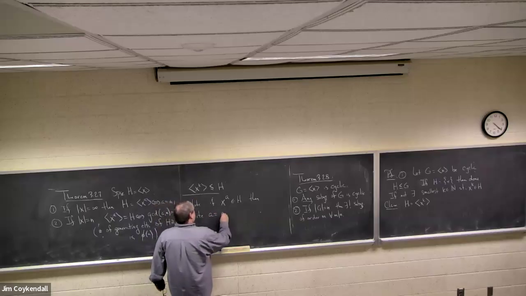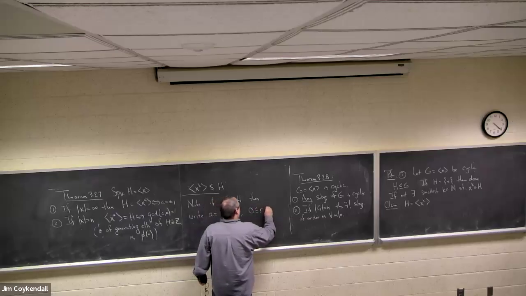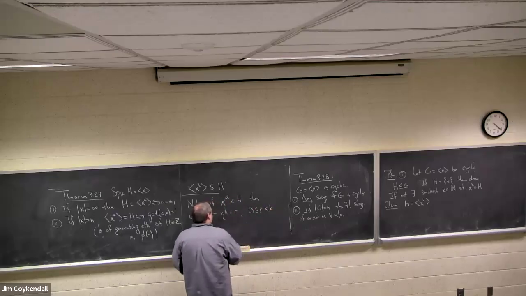Then write a equals qk plus r, where r is between 0 and k.